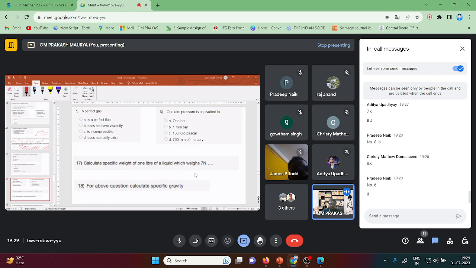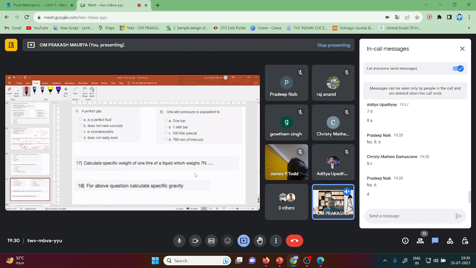And then after, in question number 18, you need to calculate the specific gravity for this question. Yes, please everyone solve. I'm also going to solve this question.